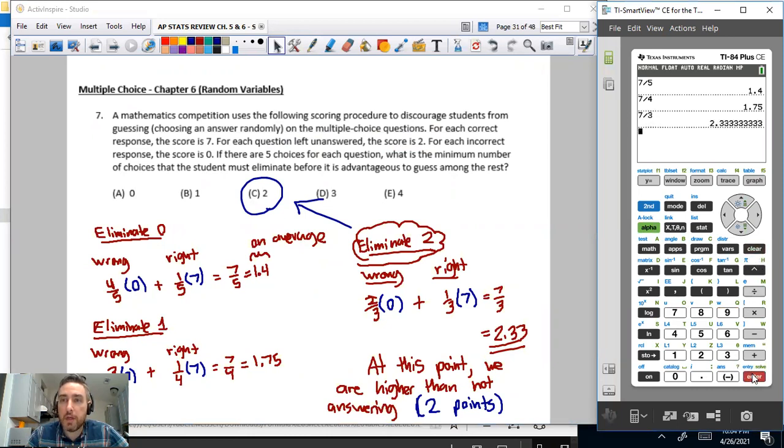It's 2.33. So at that point, if you're able to eliminate 2, you're going to want to guess on one of the remaining 3, because on average you get more points for that question than by not answering. All right, that was a mouthful. I hope that makes sense.